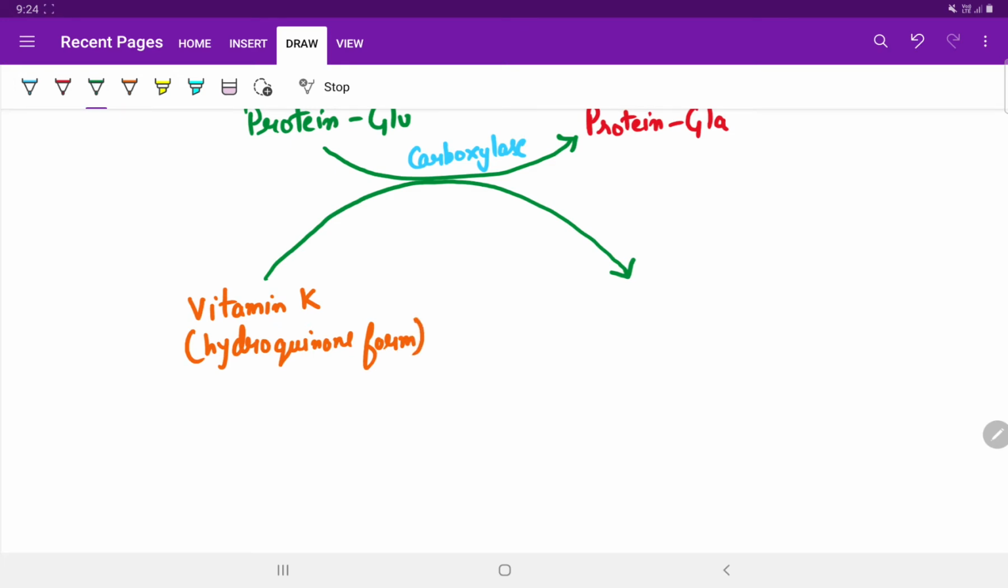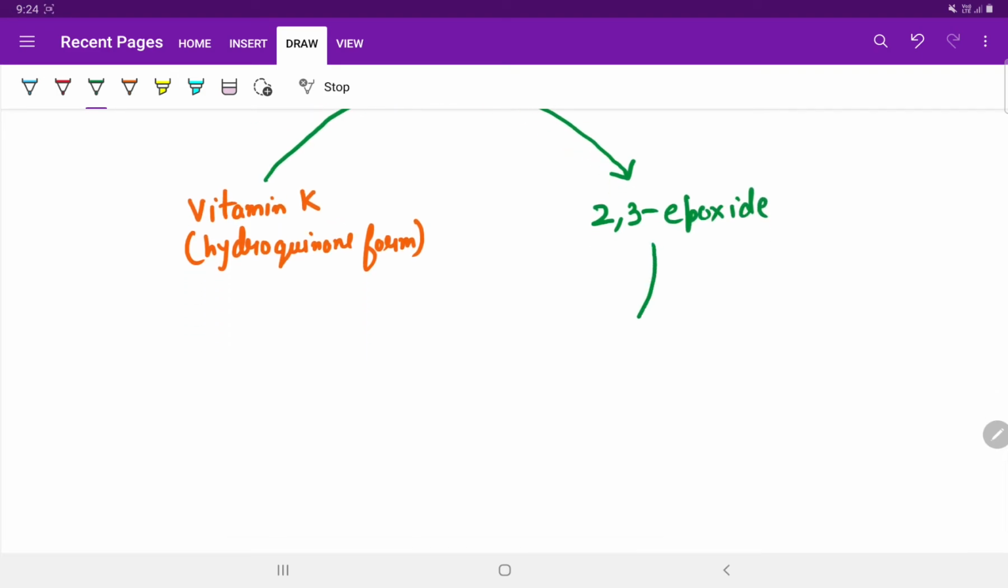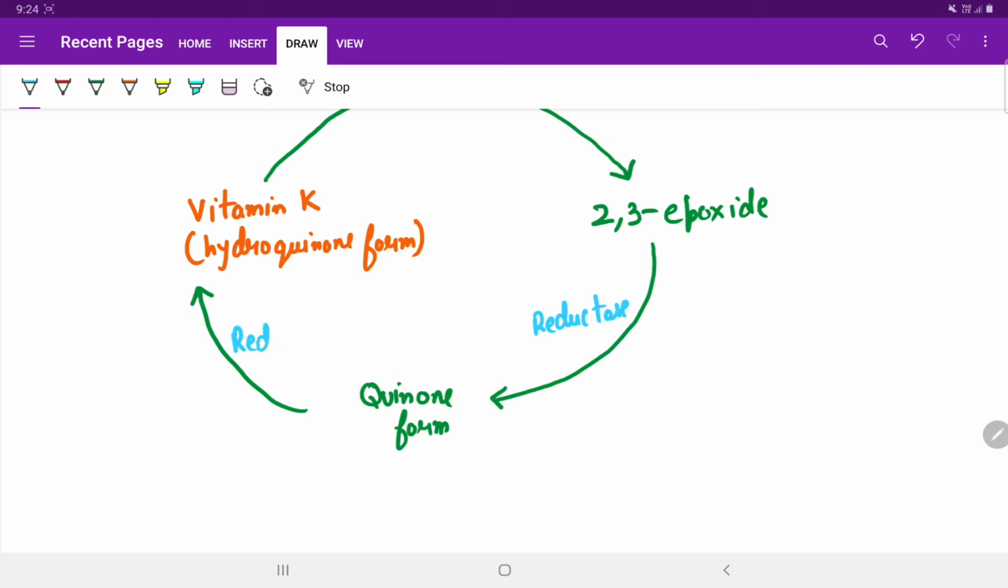This is converted into its epoxide form, and again in presence of reductase enzyme, this is converted into its quinone form, and from the quinone form again in presence of reductase enzyme, it is converted into its hydroquinone form.